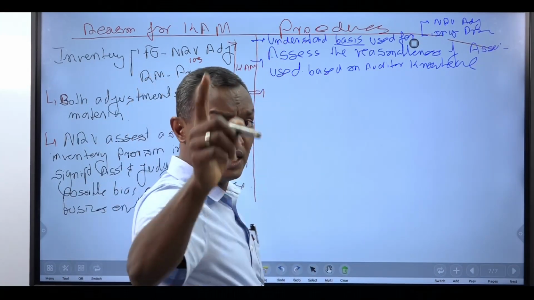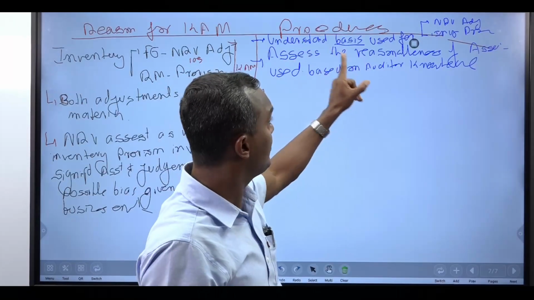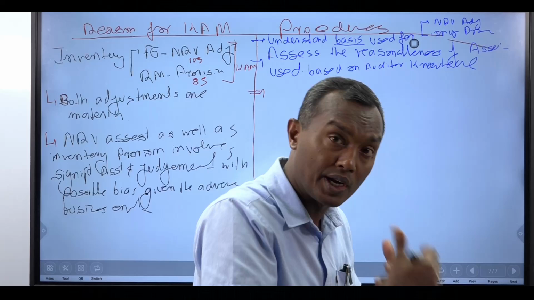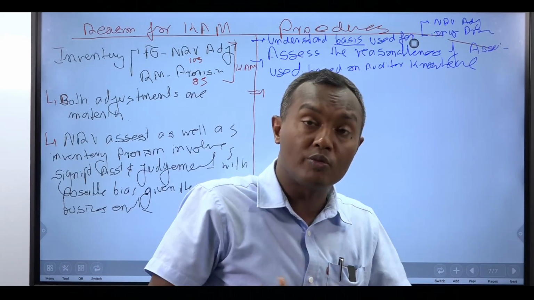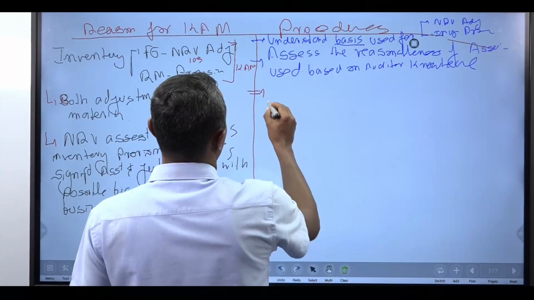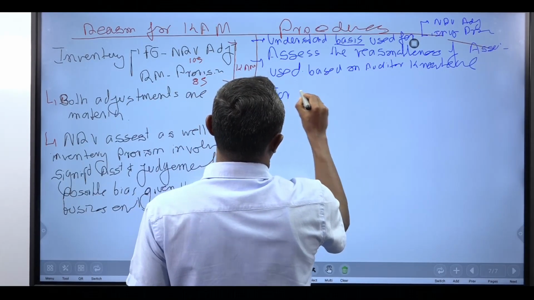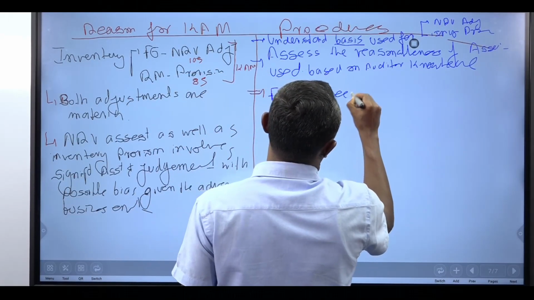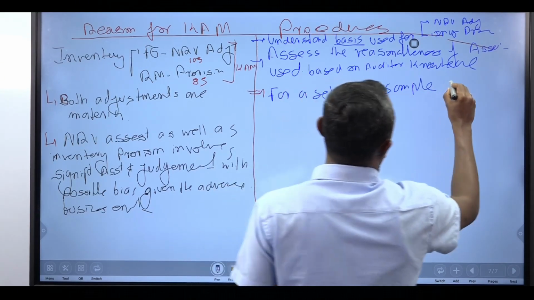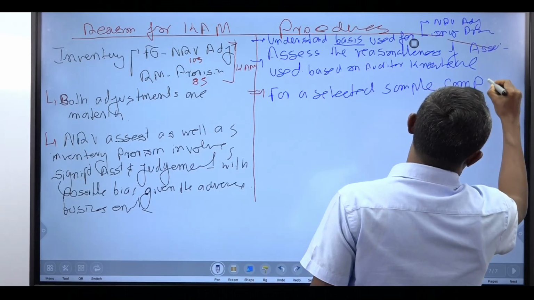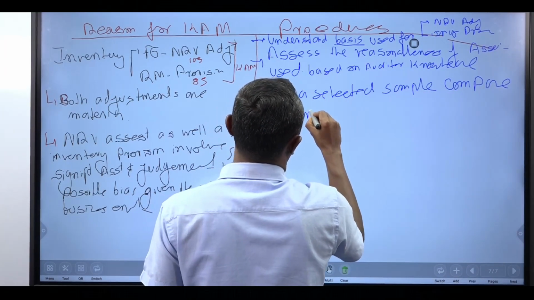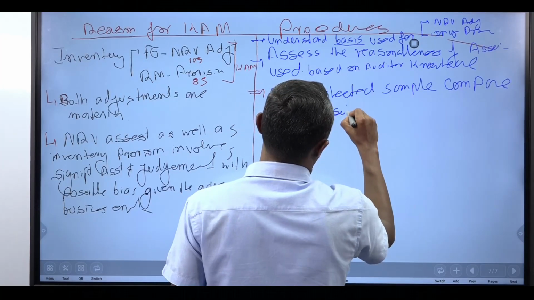And then additionally, if you want to see whether this is reasonable, the auditor can select a sample of the selling prices they took and, subsequent to the balance sheet date, check the prices at which inventories have been sold, for a selected sample. Compare NRV with the subsequent selling price.